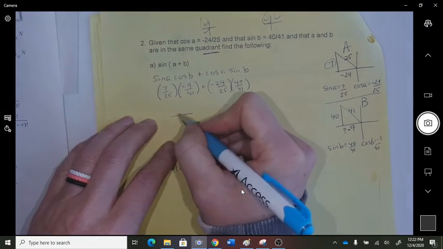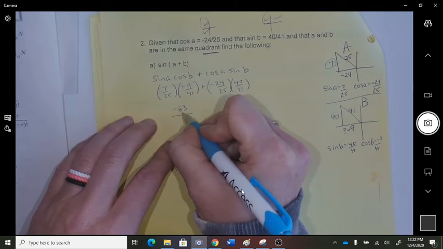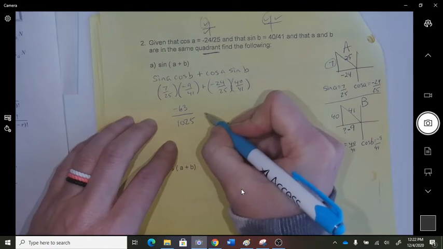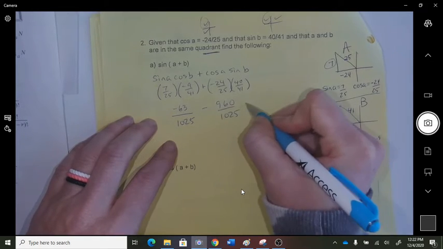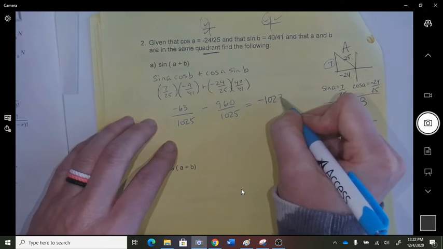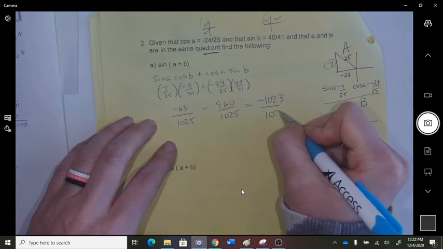If I multiply, I get negative 63 over 1025 minus 960 over 1025. And I combine the tops.